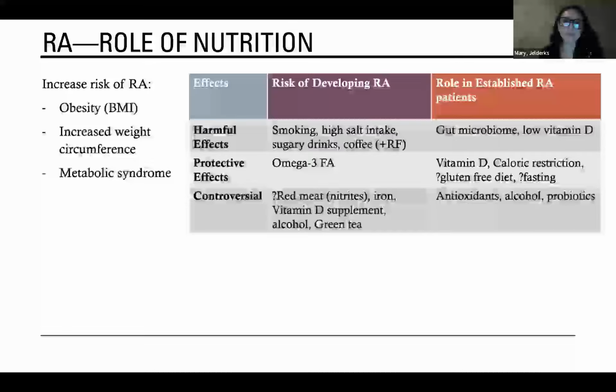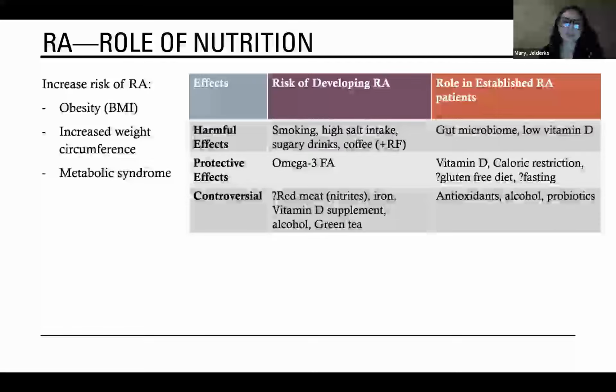In terms of the risk of developing rheumatoid arthritis, we absolutely know that smoking, a high salt intake, sugary drinks especially, and plus or minus coffee, which is very nuanced, have harmful effects in the development of RA. So these are areas where you can prevent, right? If you don't smoke, you can potentially take away that risk factor of developing rheumatoid arthritis.